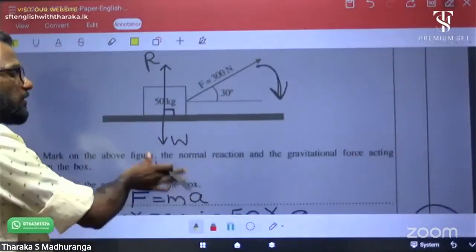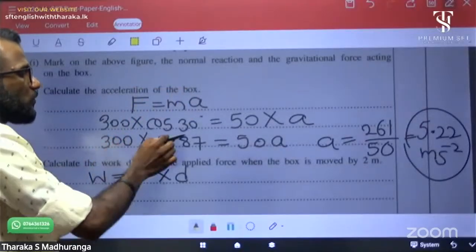300 cos 30, you don't need to multiply again.